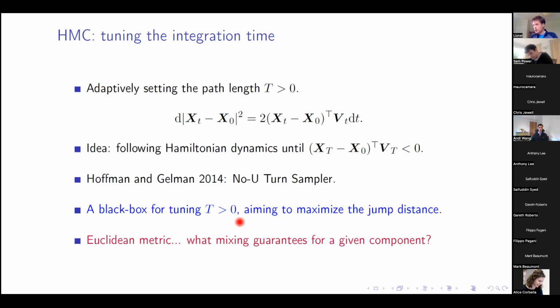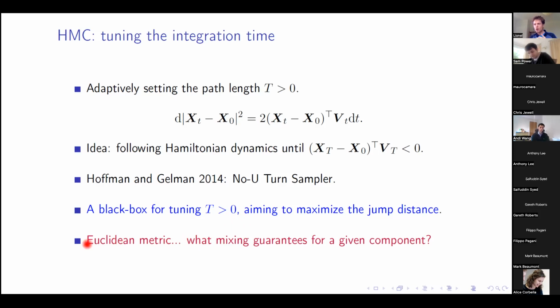Here, if we are happy with maximizing the Euclidean jump distance in expectation, then this principle makes sense. Right. Here, I'm going to point out the limits and formulate it as a question, which is not really inherent to adaptive tuning solutions, but more generally about a fixed time strategy for HMC.